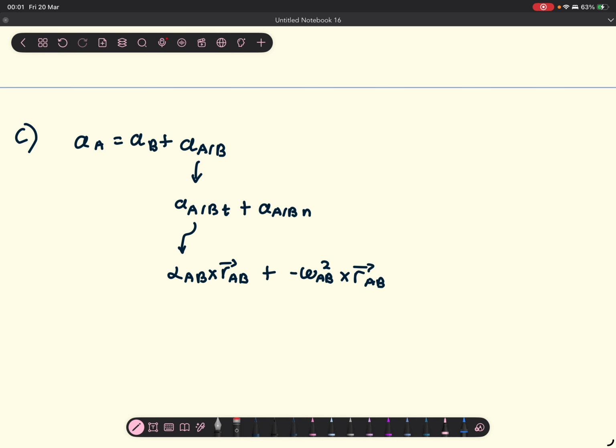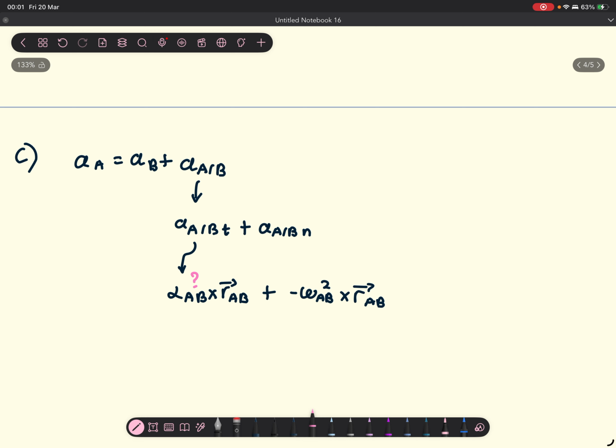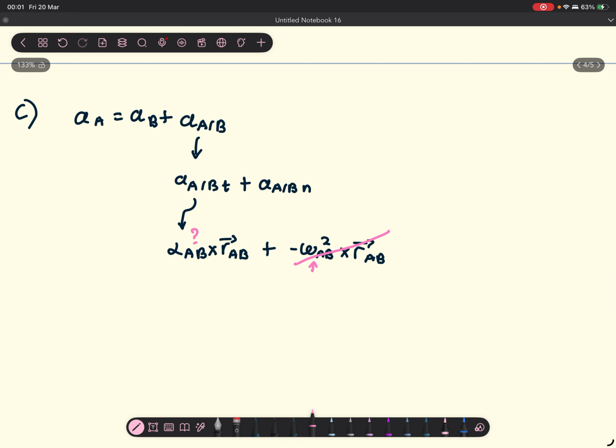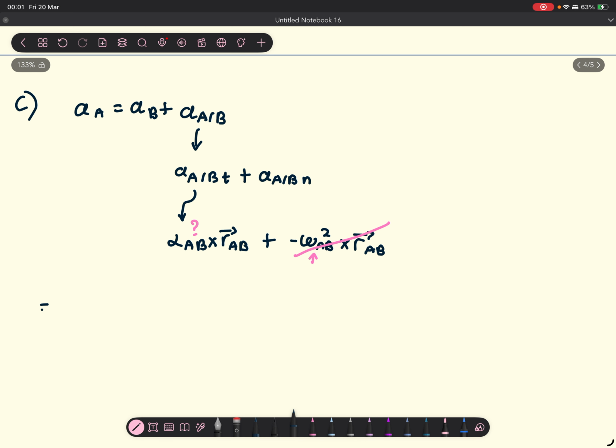And we proved in question 1 that this term over here is 0, so this falls away. Then our equation becomes acceleration of A is equal to acceleration of B plus alpha AB crossed with R AB.